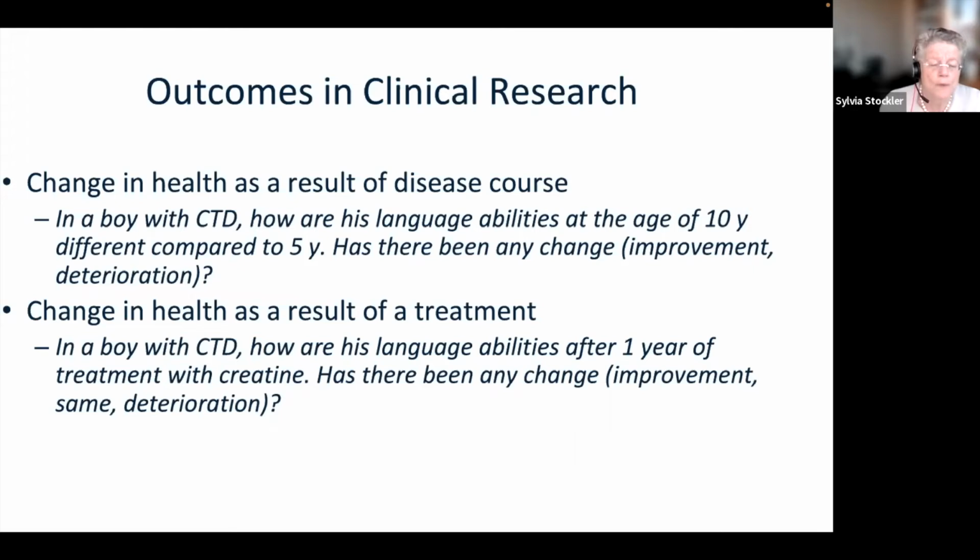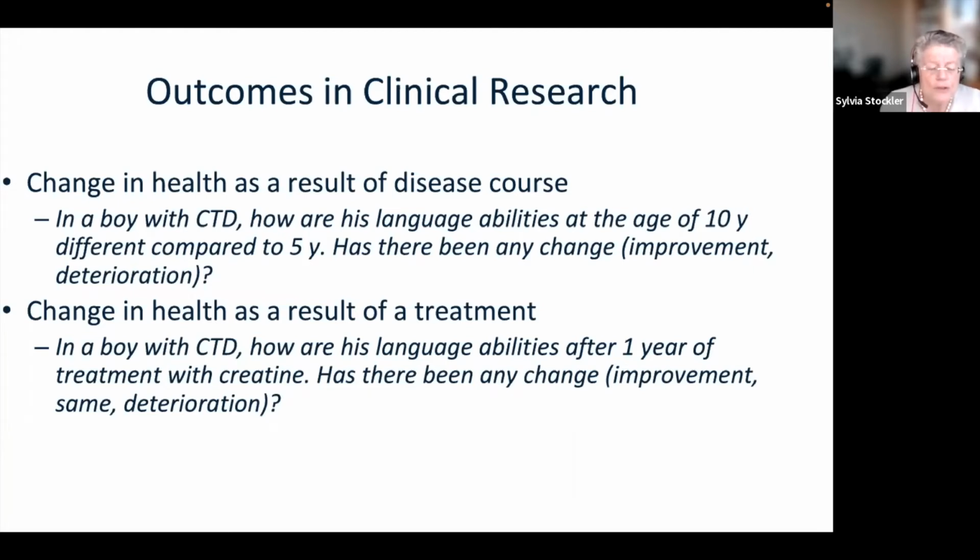An example that relates to creatine deficiency syndrome: in a boy with creatine transporter deficiency, how are his language abilities at the age of 10 years compared to 5 years? Has there been any change? Has there been an improvement or deterioration in this particular outcome, in the outcome of language ability?